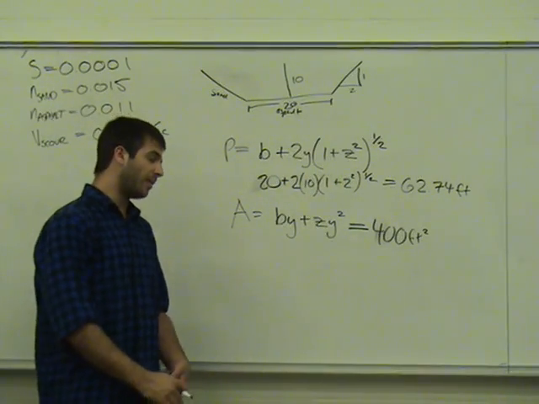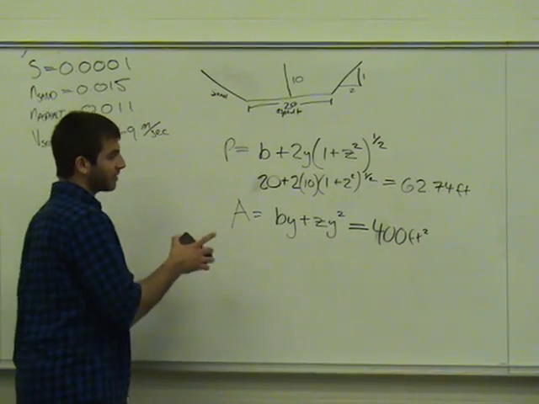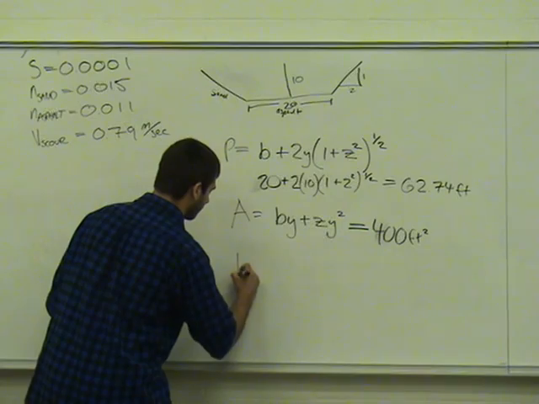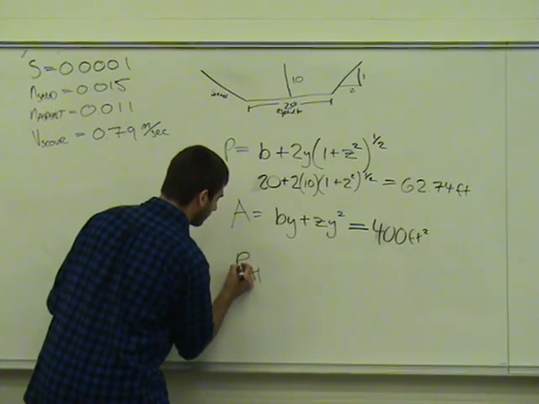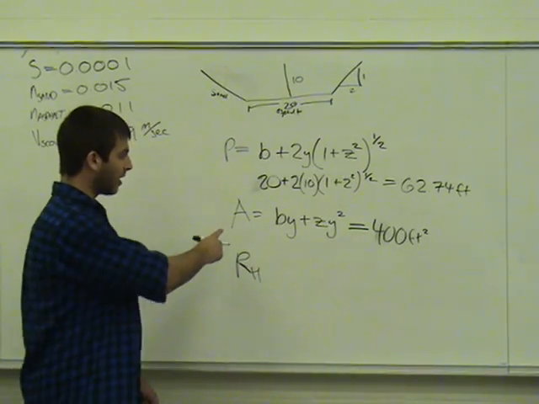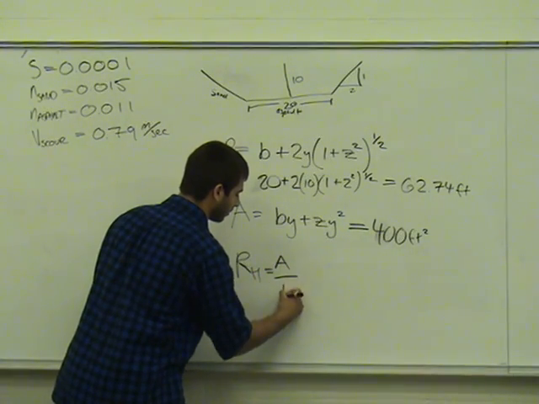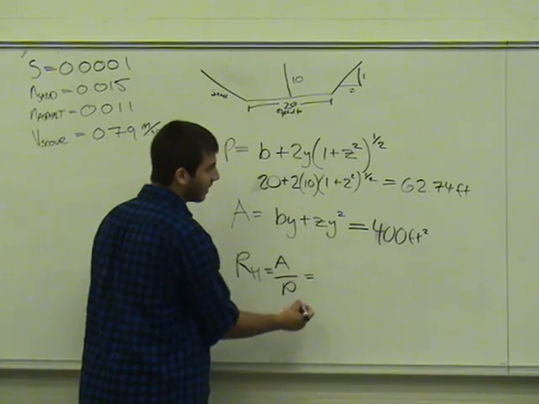The next step in our problem, we're going to put these two values together and find our hydraulic radius. Hydraulic radius, as you might know, is the area divided by the perimeter. So just take these two values and simply divide them.